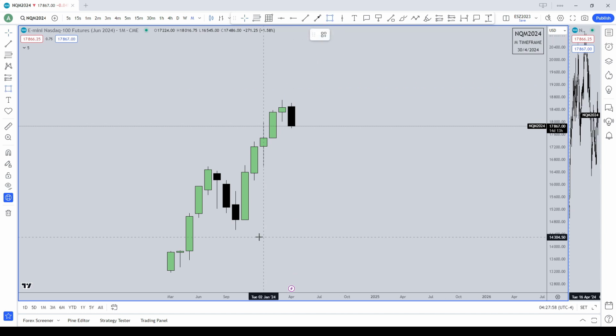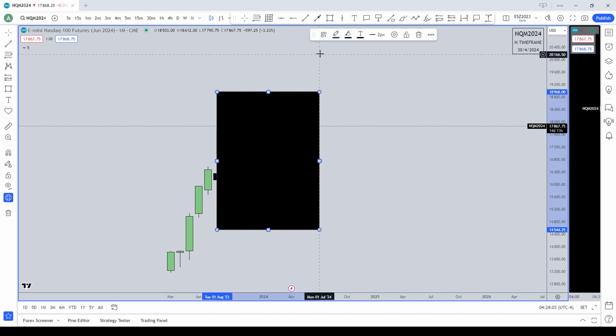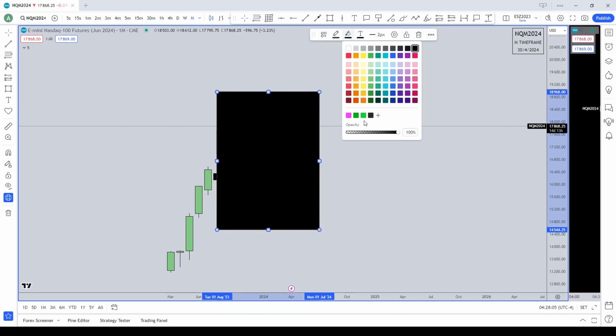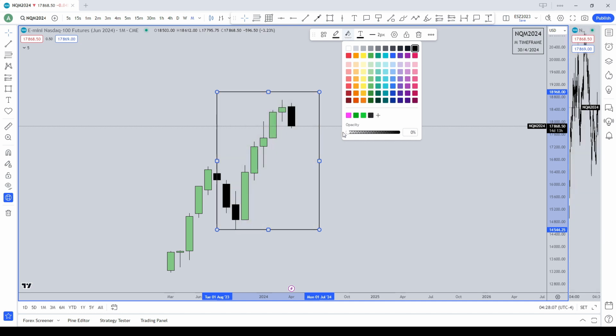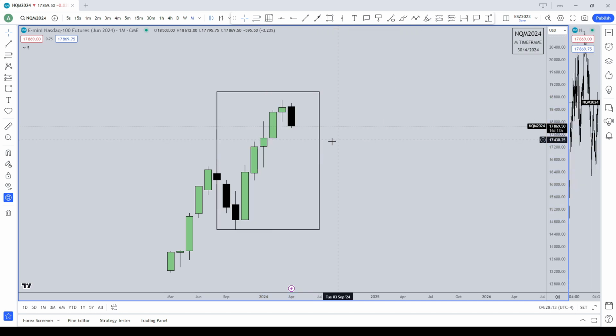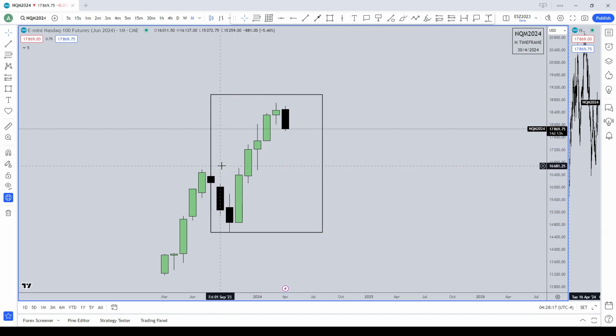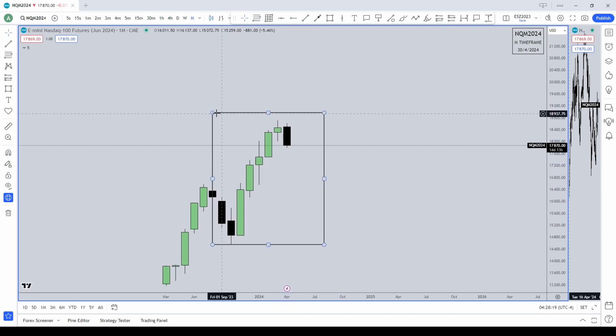Take a rectangle and set the opacity to 0 like that. I have a template for that. It's called top down. You can see a rectangle without background.